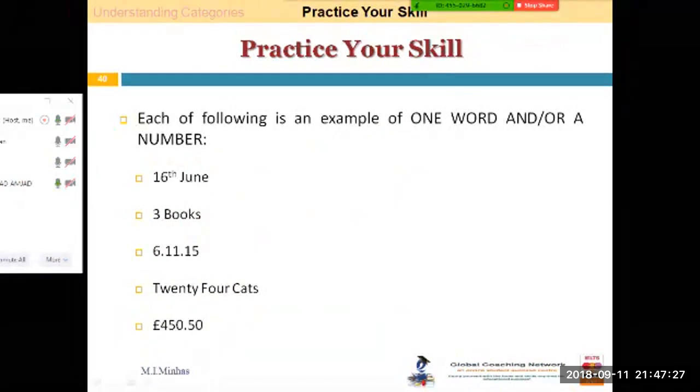Sir, I have a small query here, please. Referring to the first example you are quoting, 16th June, I have attempted a few tests and checked the answers in the books, like Cambridge books.